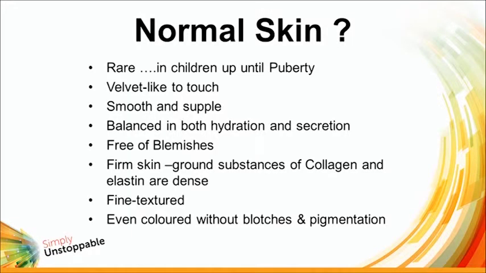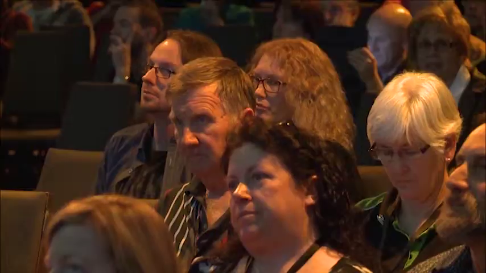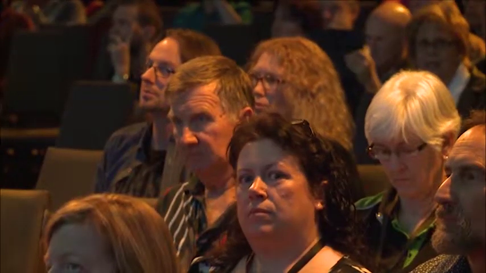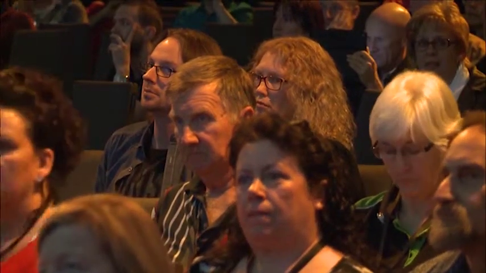So what exactly is normal skin? People talk about skin being normal. Realistically, it's very rare. You don't find normal skin. Normal skin is actually found in children up to the age of about 12, 13, when they reach puberty. When you look at a normal skin, it looks velvet in its touch. The skin is very firm.